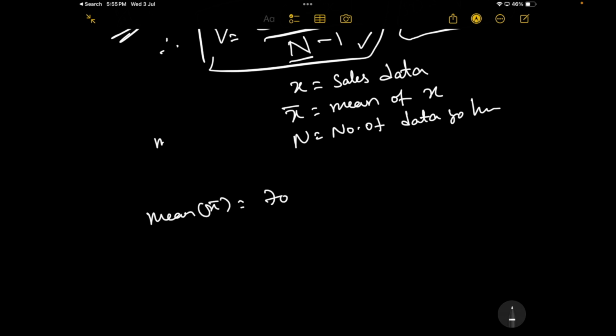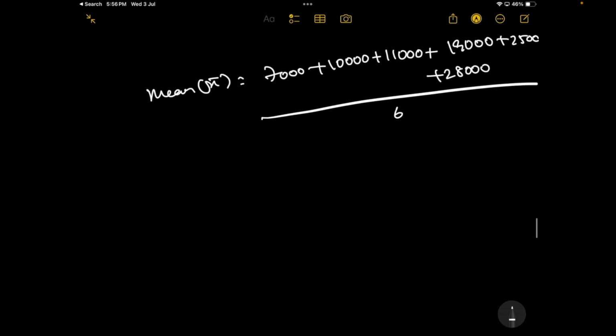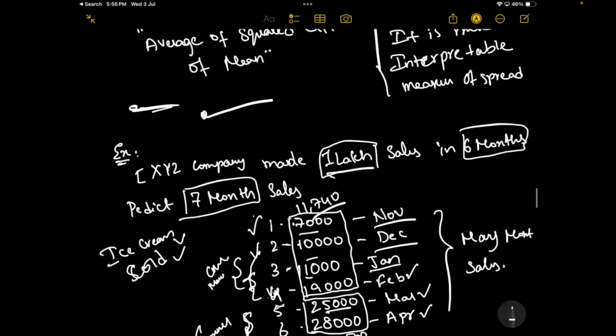Now we add everything: 7,000 plus 10,000 plus 11,000 plus 19,000 plus 25,000 plus 28,000, divided by how many months? The number of months is 6. The total is 1 lakh, which we already know because the question itself gave us 1 lakh.